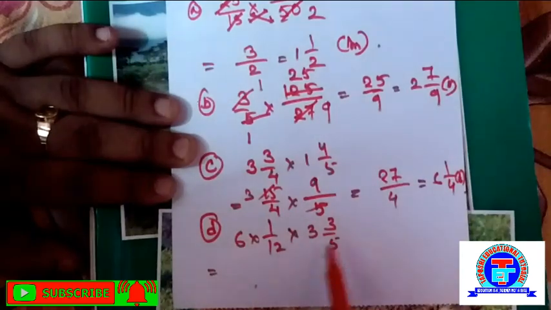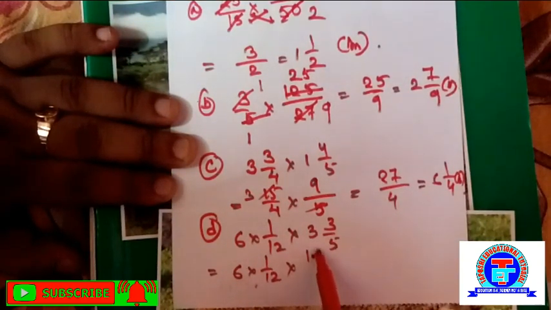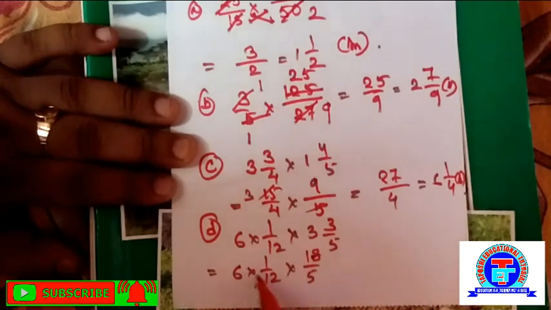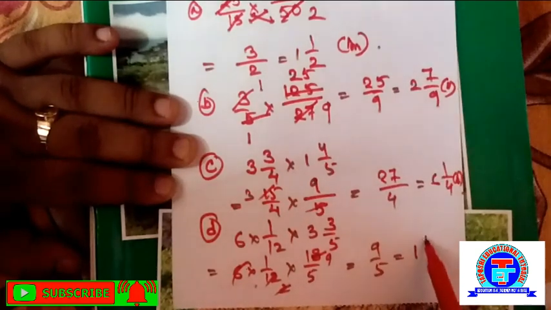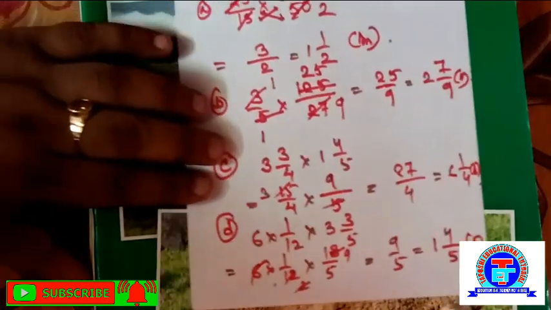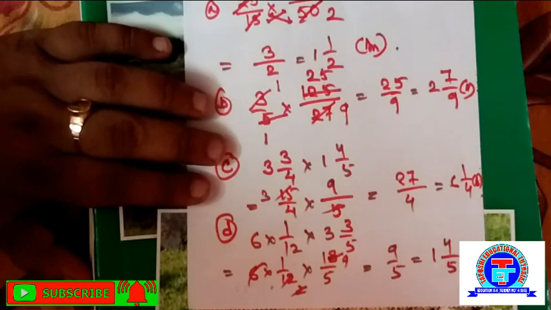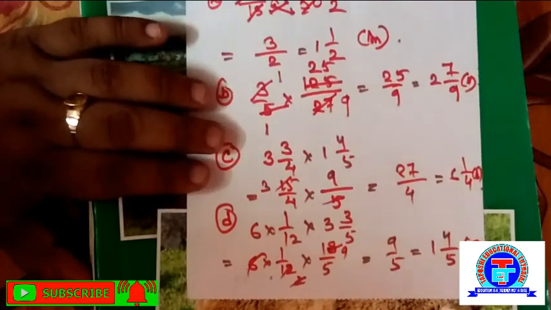Now convert the mixed fraction into the improper fraction, so 6 into 1 by 12 into 18 by 5, so this one 2 and this one 9, it will become 9 by 5, that means 1 whole 4 by 5. This is the answer. So I hope student you easily understand this method that you solve the multiplication of fraction.